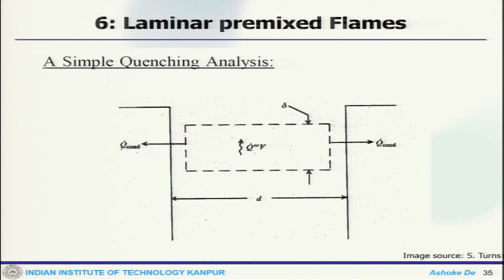To do that simplified analysis, what one can do is take a simple box like this as the control volume, and the distance is d between these two planes. Here is the loss due to conduction and this is the generation.